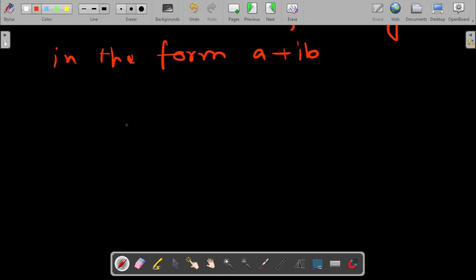Here it is given that z is 5 plus square root of 2i divided by 1 minus square root of 2i.